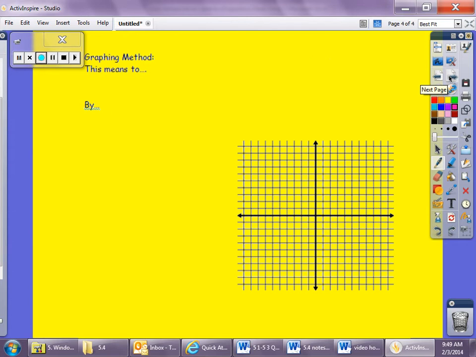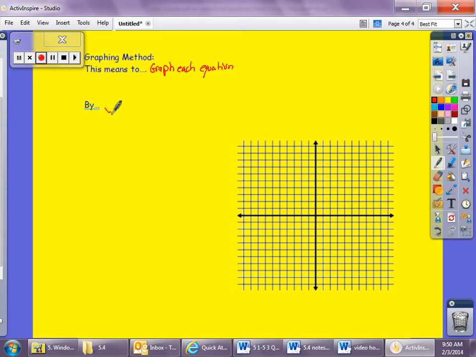The graphing method means we graph each equation. And we can do this one of two ways.